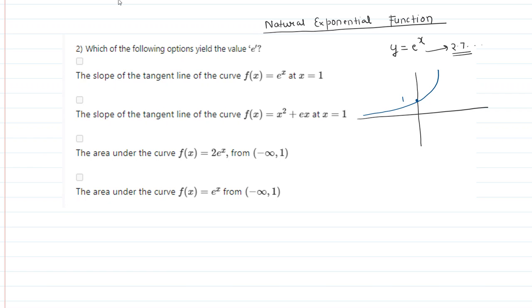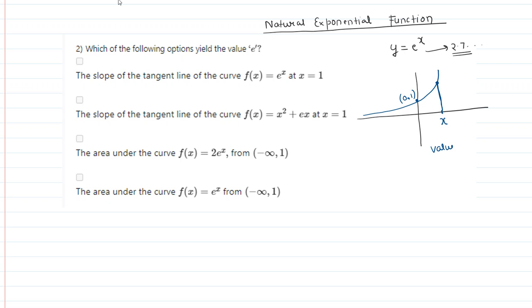So obviously this is 0, 1. But let's say we have a point x here. Now the value at this x is going to be e^x.